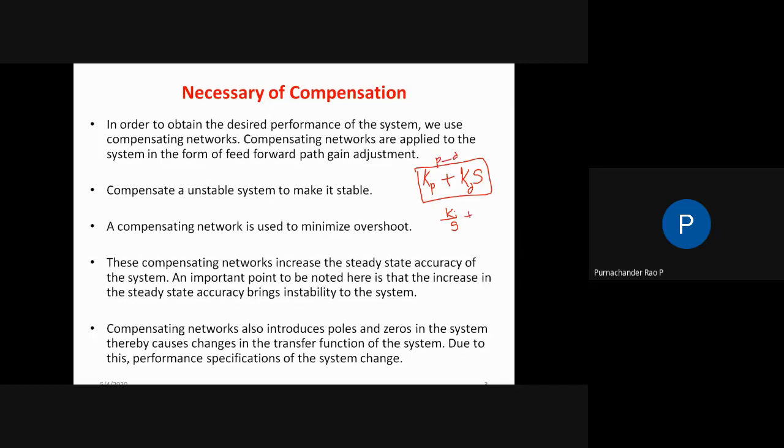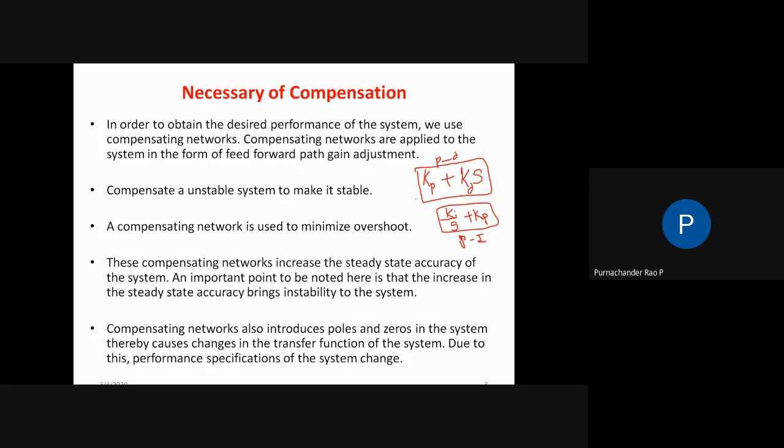And if you use this with a Kp, now this is called a PI controller. Therefore now you are adding a pole and zeros into the system, not at the origin, but in the left half of the s plane.